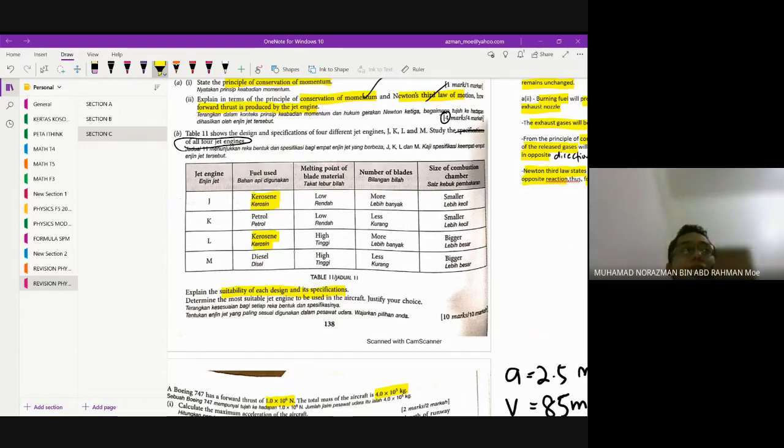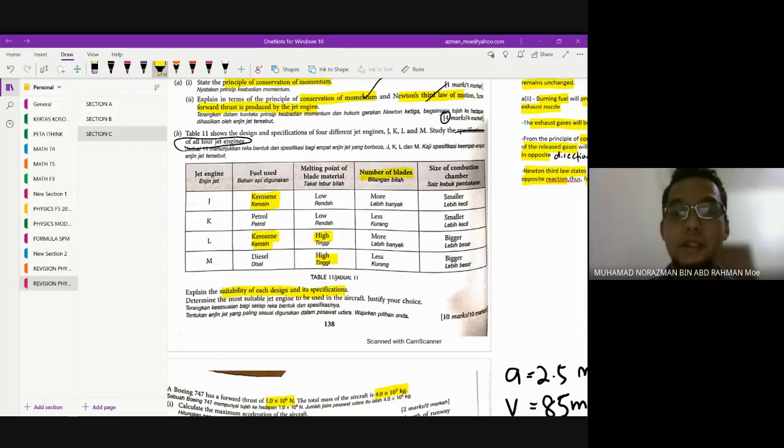Why? Because kerosene burns efficiently. The combustion process for kerosene is very efficient. Melting point of blade material: low or high? Obviously, it is high. So I think we found our winner, but we need more explanation.